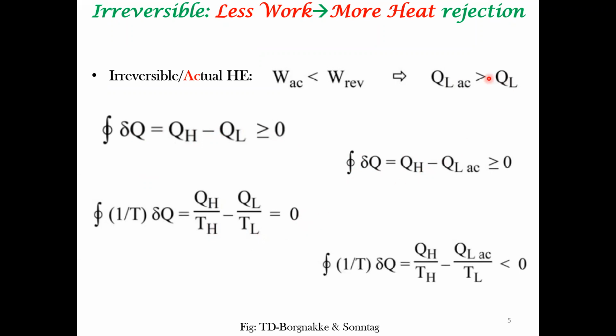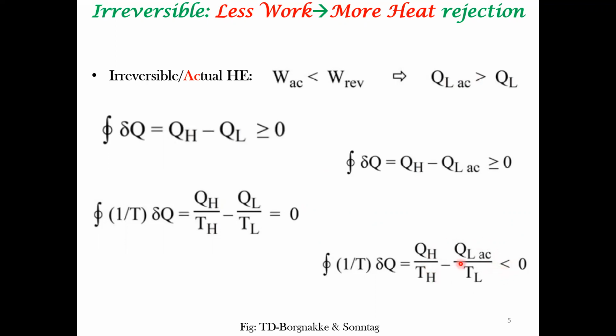Because the heat rejected to the low temperature reservoir is more in the case of an actual heat engine, this quantity, which is the corresponding quantity for a reversible heat engine, adds up to 0, but for a real actual heat engine, which is an irreversible heat engine, these two add up to less than 0. This just follows from putting this and this together to get this.